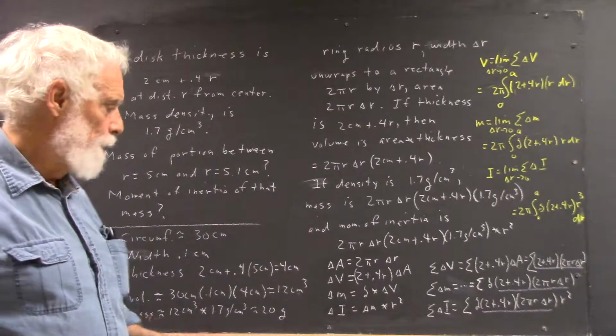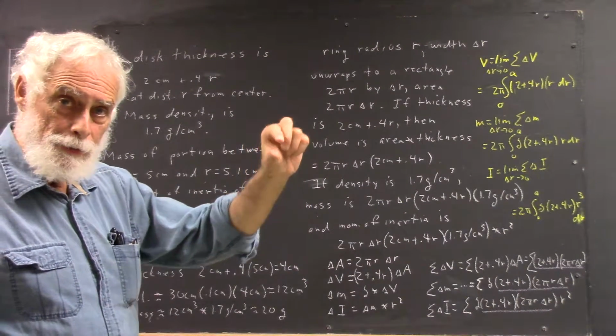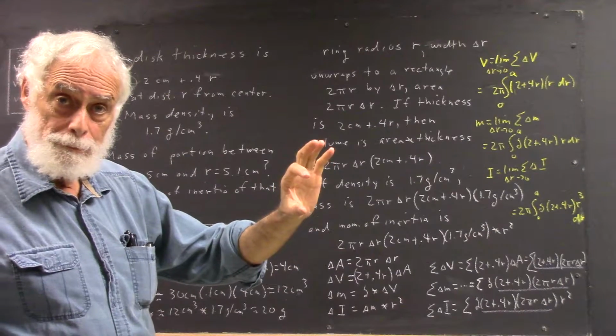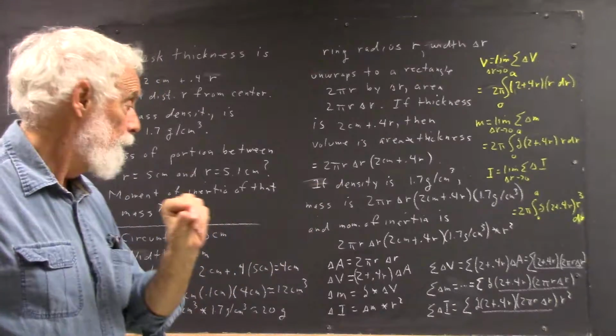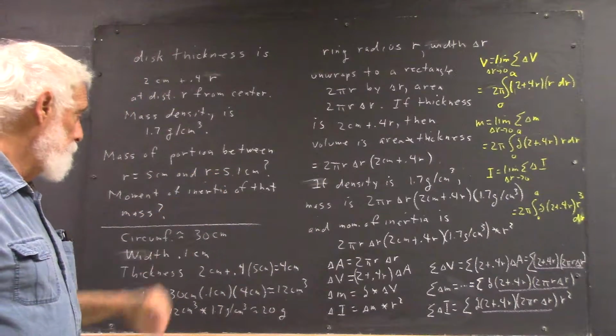So as I say millimeter thick, I want the thickness to be this dimension, the thickness of the hoop. But then we have a 1 millimeter width between r equals 5 and 5.1 centimeters.